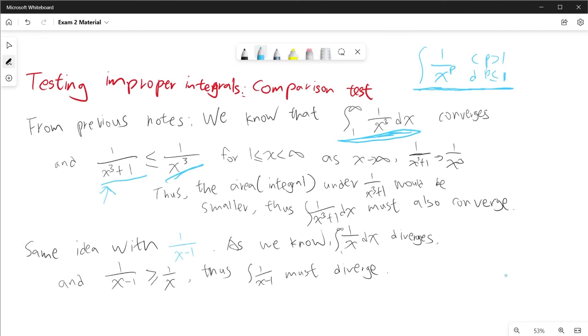So for that reason, we can say that this left hand side equation is less than the right hand side equation for all values, and the right hand side, the 1 over x cubed, converges. That means that it's bounded by a value.